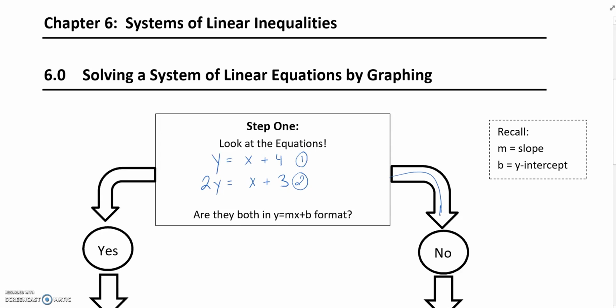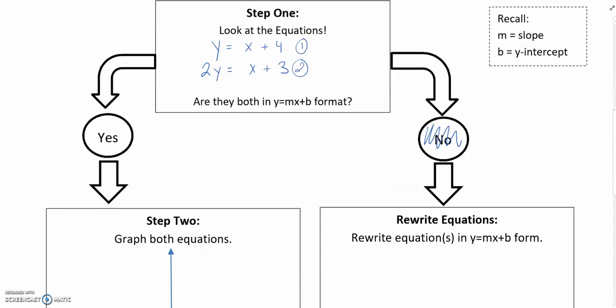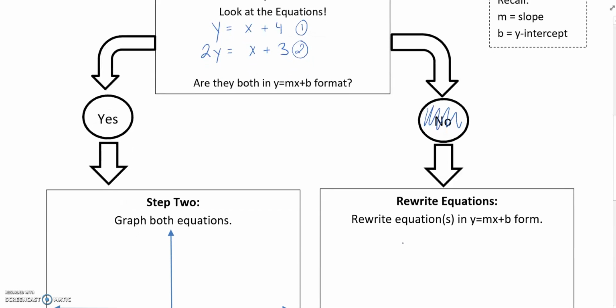So we'll look at rewriting our equations. In this case, we're just rewriting the one equation. We'll leave equation 1 as is, y equals x plus 4, just to keep track of it. But our other equation, 2y is equal to x plus 3, is not isolated.